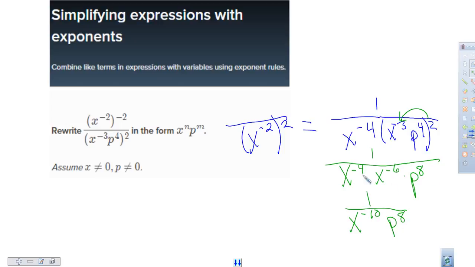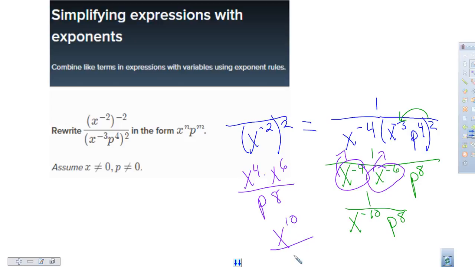Another way you might look at that is just, hey, those are negative exponents, so I'm going to move them into the numerator and make them positive, right? So you could have said x to the 4th times x to the 6th over p to the 8th. That's another way to do it. Or you combine them down here and you get x to the negative 10th and then say, oh, I want to move that up to the top, and you get x to the 10th over p to the 8th.